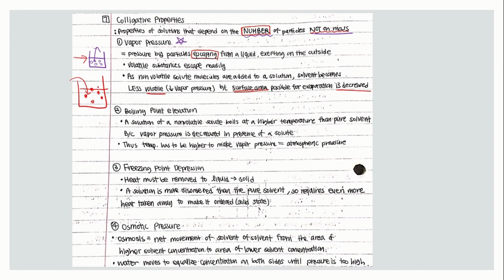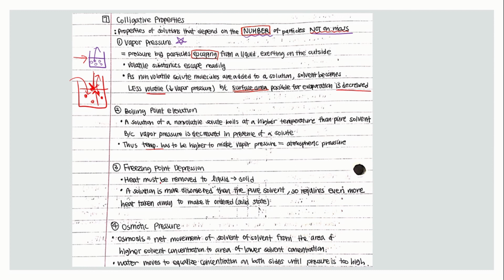It will be harder for these liquids to become gas particles and boil because of these non-volatile solutes. Therefore, the temperature has to be higher to make the vapor pressure equal the atmospheric pressure, because in order for the liquid to become gas, the vapor pressure exerted on the outside will have to equal the atmospheric pressure exerted on the inside.